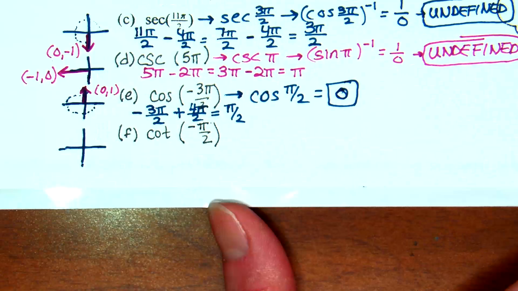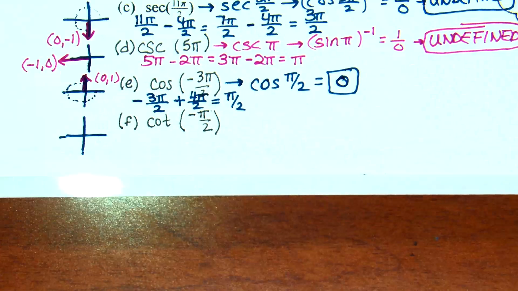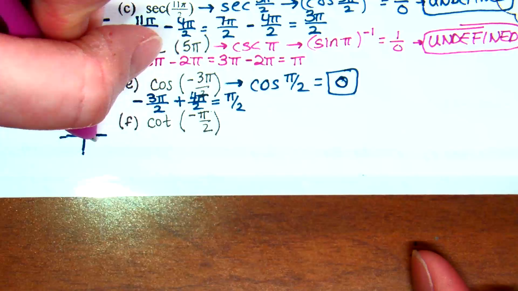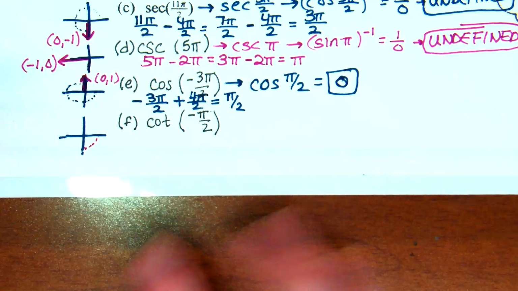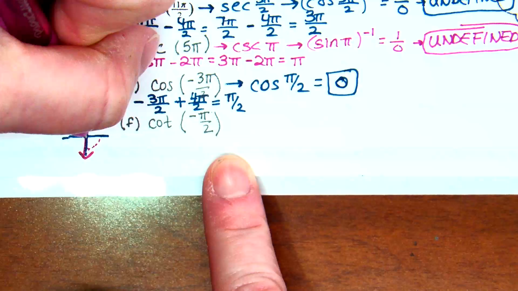Can you visualize where negative pi over 2 is? Negative pi over 2 means I'm going to go down, right? If I go negative pi over 2, that's going to put me down at basically 270. Or if we want to be proper, we can say 3 pi over 2. I'm fine with 270. That's good.